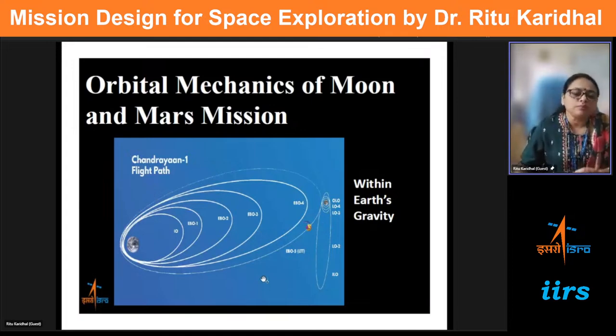So this is the basic mechanics. What is working in class 8, class 9 and class 10, what we study simply, the two body problem, equations of motion, and then the conic section, all these things are utilized in designing the trajectory when we have to go from Earth to the moon. Similarly, we'll talk about Mars also.